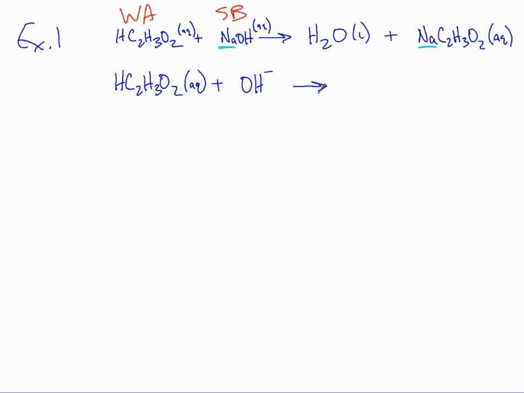So products. One product is water. So liquid water in a net equation would be liquid water. State has to be there on that one, because water is going to have the same formula whether it's a solid, liquid, or gas.